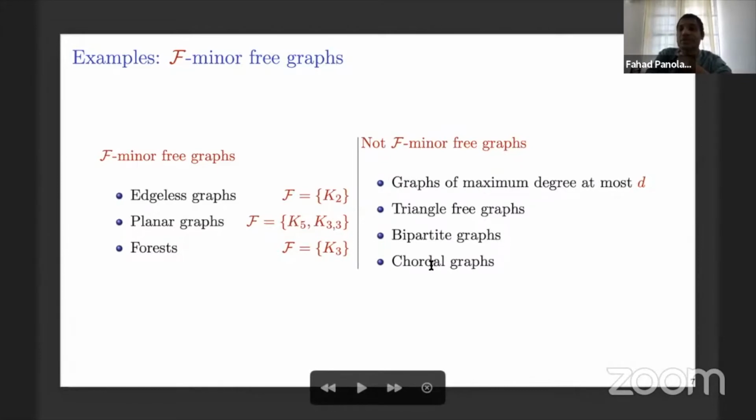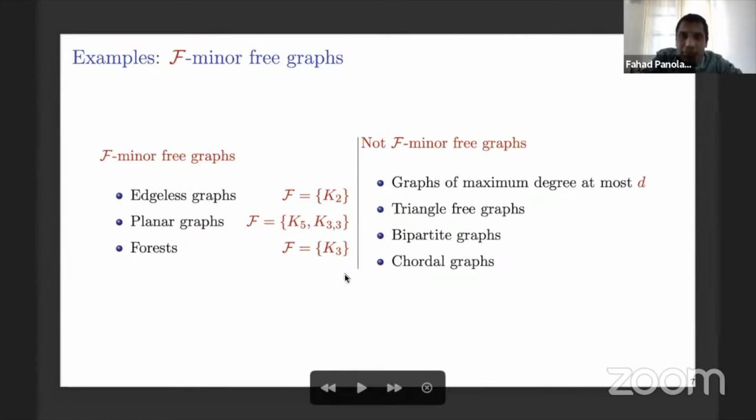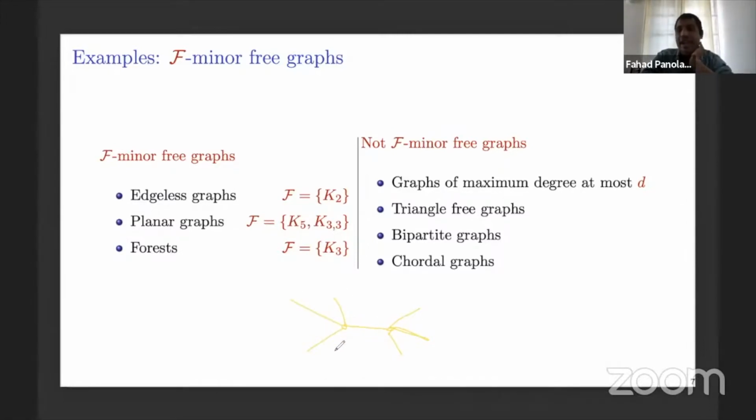This is also not minor closed, because if you take these two vertices with the degree D, say D is 5 or 6, and then if you contract the middle edge, what you're going to get is degree more than D. So by contracting an edge, you will reach a graph which has degree more than D, and hence it is not minor closed. Since it is not minor closed, there is no finite set F such that it is F minor free.